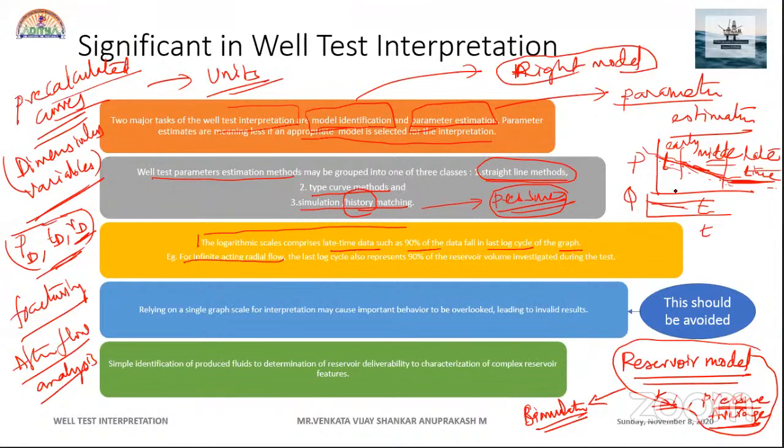That is why if you do this normal P and T relation, we may not get a proper fit. So that is why we take it in terms of a semi-log plot, which is a popular one, and also a log-log plot.